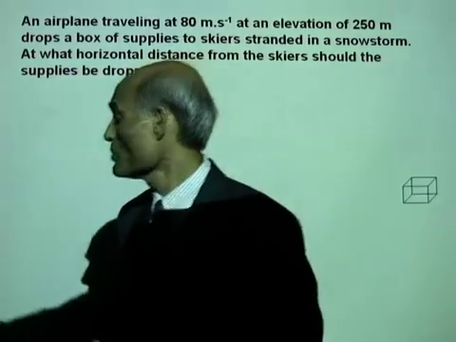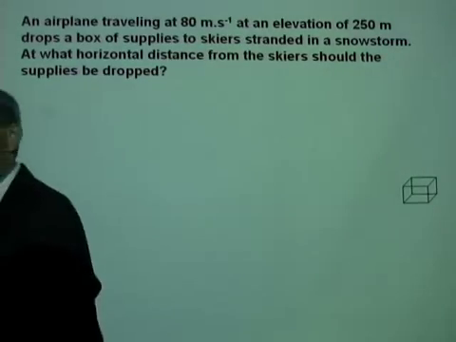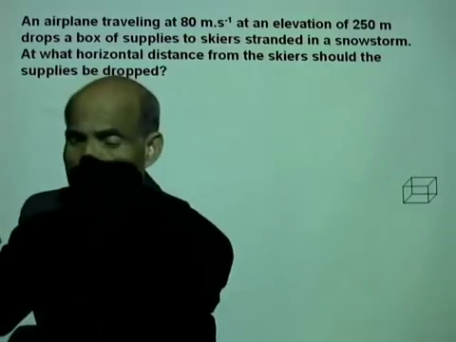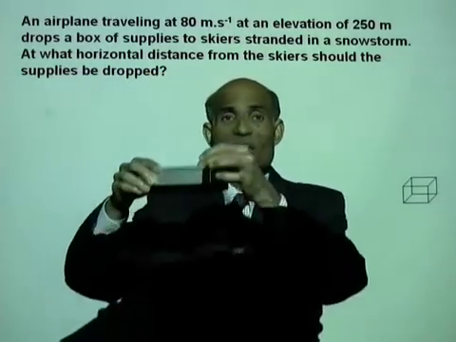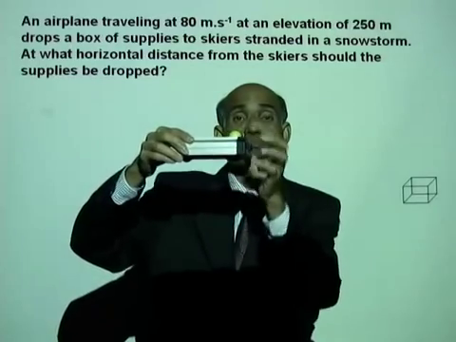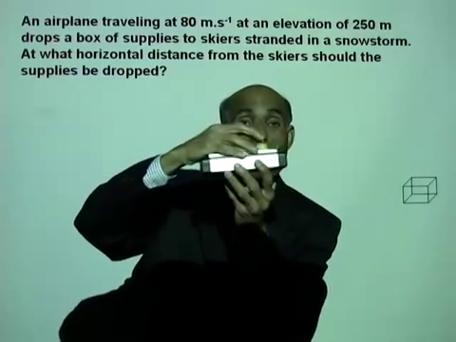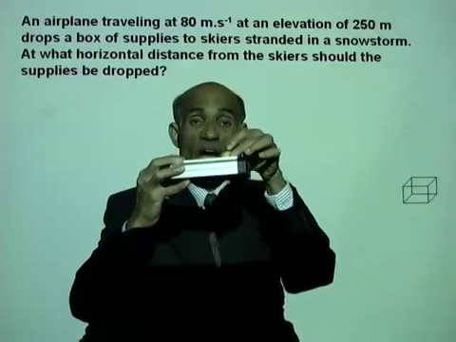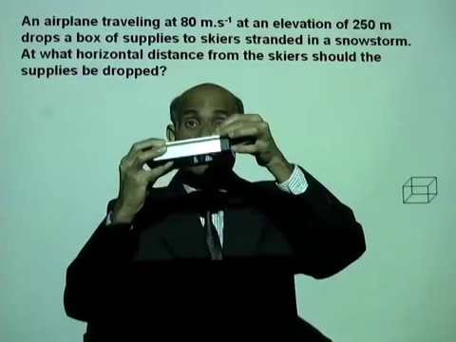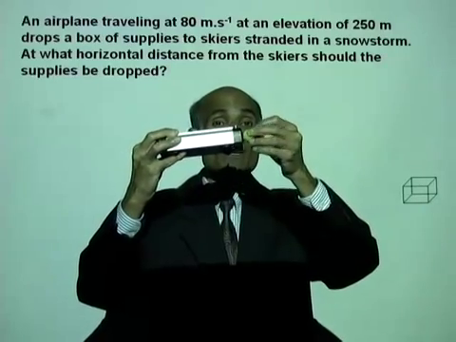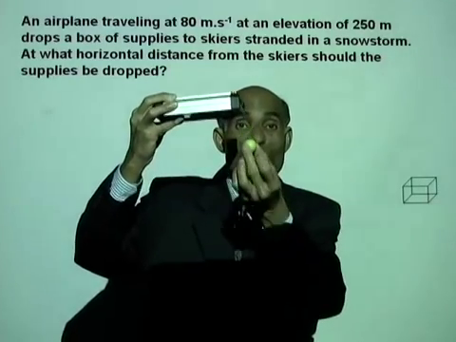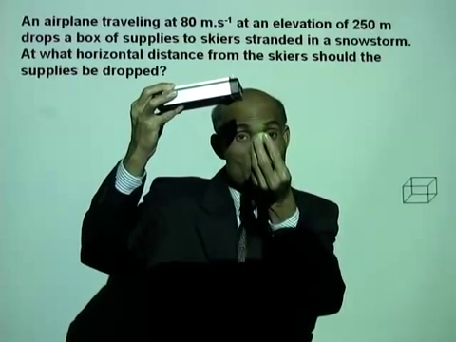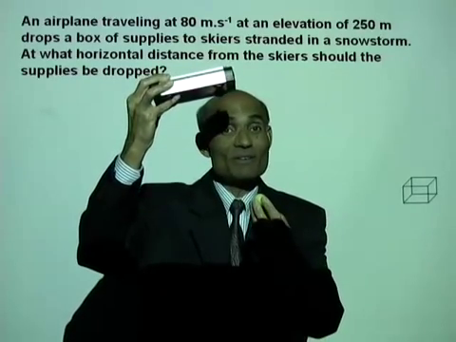Now, I hope you understand this concept. Now, suppose this is the airplane traveling. And from the traveling plane, you're going to drop a box. Now, that means this box has the same horizontal velocity as the plane. So when the plane drops this box, will it simply move vertically down?